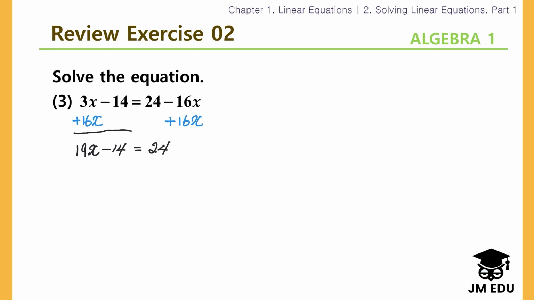So now add 14 each side. So 19x is equal to 24 plus 14, that's 38. Now finally, divided by 19, divided by 19. So x is what? x is 2.